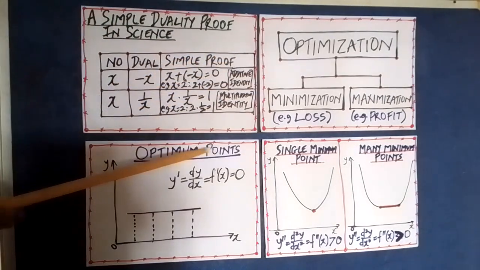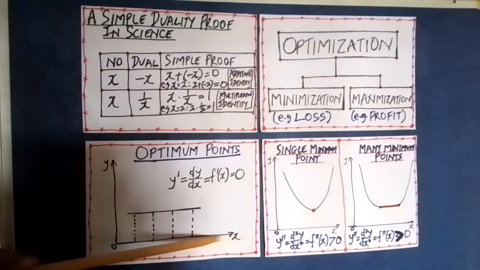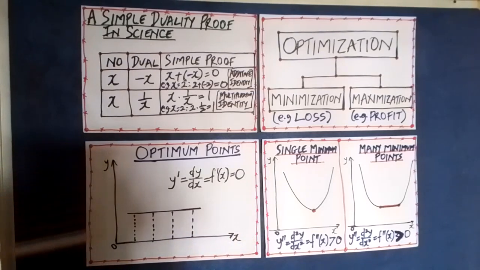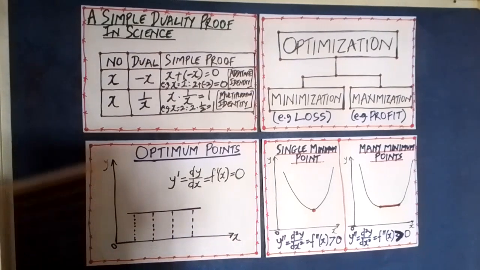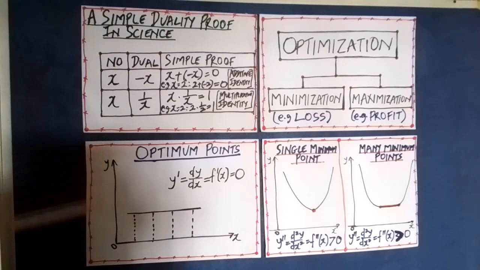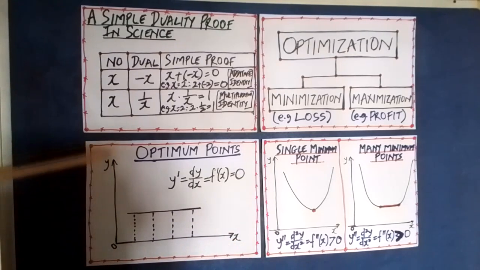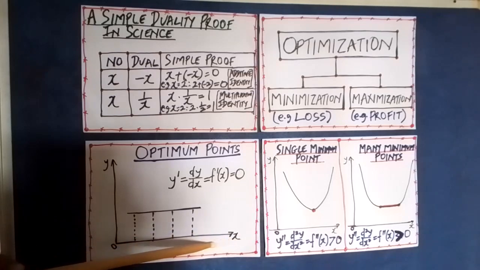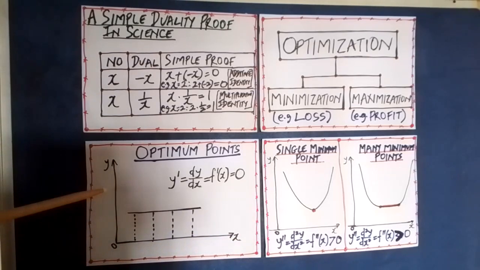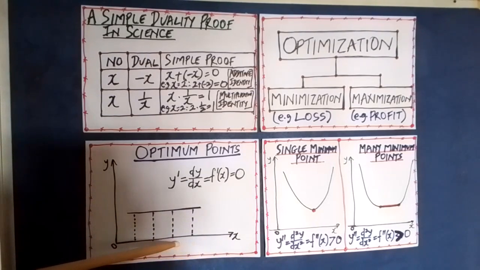So we move to the optimum points. So let's look at this diagram. We have the y-axis here, the x-axis here. It's a typical diagram that we are familiar with. This Cartesian coordinate system, named after that famous French mathematician and philosopher René Descartes.